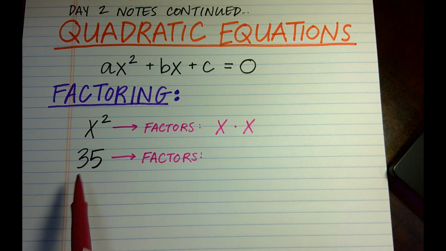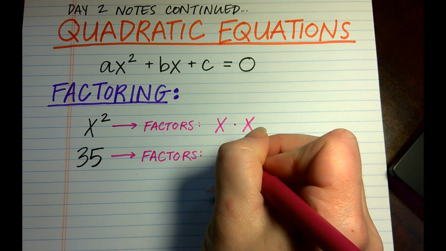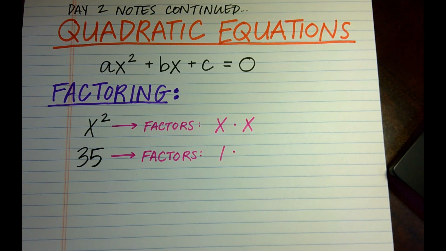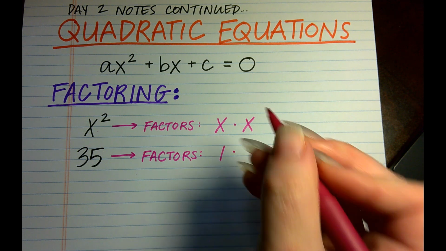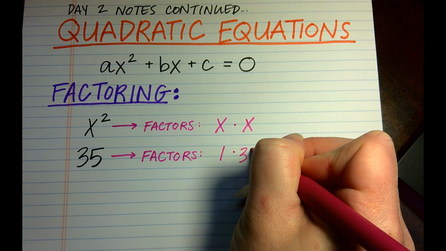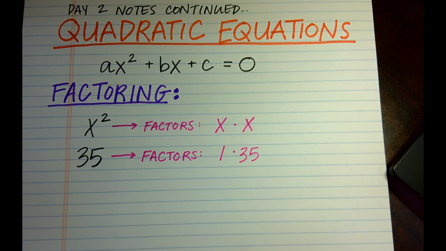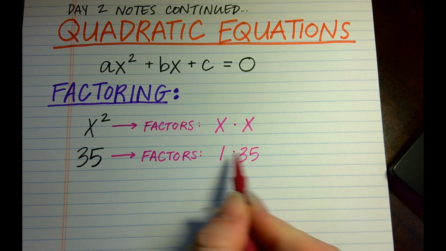I can start with 1. 1 times what makes 35? 35. So here's a set of factors. 1 times 35. Can I do 2 times something to get 35? Not a whole number, so we're going to skip 2. It would be, let me think, what would that be, 17.5? Something like that. With factors, we only want whole numbers. So we have 1 and 35.